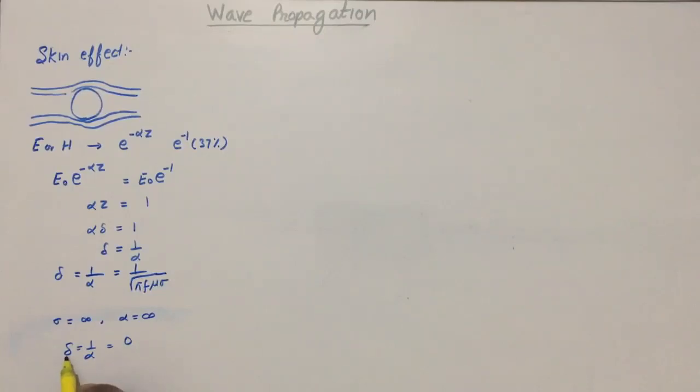So it means penetration of the wave is 0. So in this case, for a perfect conductor, the wave cannot penetrate the conductor.